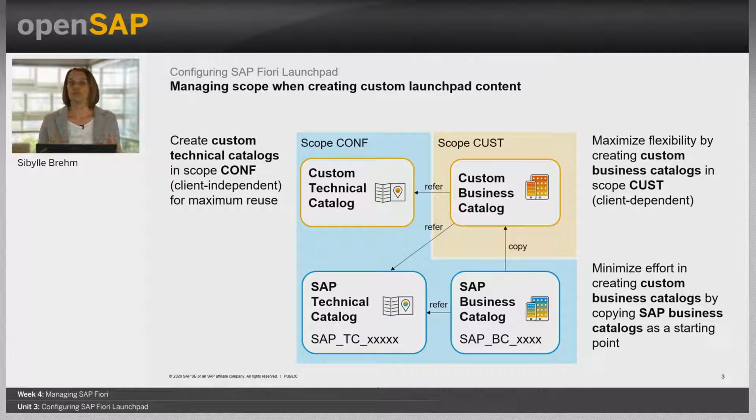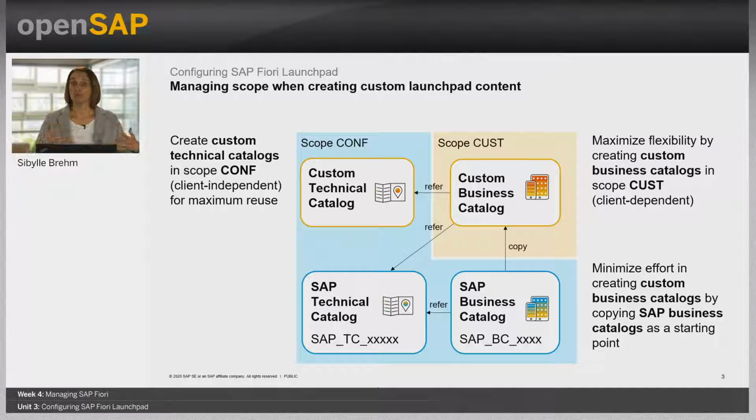There are two scopes in which you can adapt catalogs: the system-wide client-independent configuration, or conf, scope and the client-dependent customizing, or cust, scope. These two scopes provide ways to maximize flexibility. For example, in your quality assurance environment, you might have one client for user acceptance testing and another client for training.